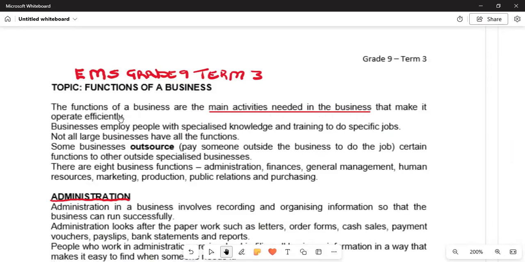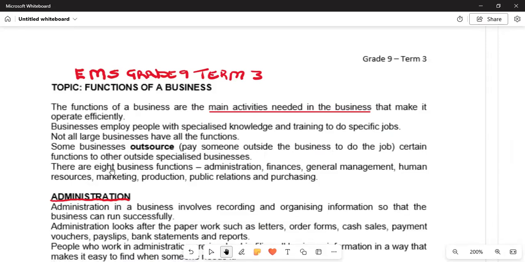Businesses employ people with specialized knowledge and training to do specific jobs. Some businesses outsource, whereby they pay someone outside the business to do the job, so certain functions go to other outside specialist businesses.